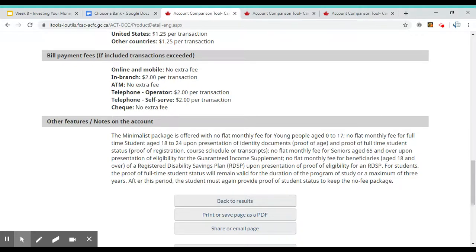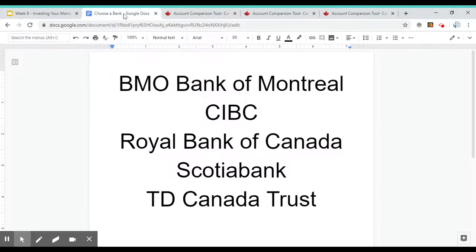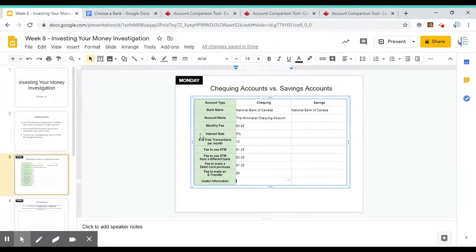If there's something that seems important or useful or that might make you want to choose this one, then we're going to make a note about that. So I'm going to say monthly fee: none for students.